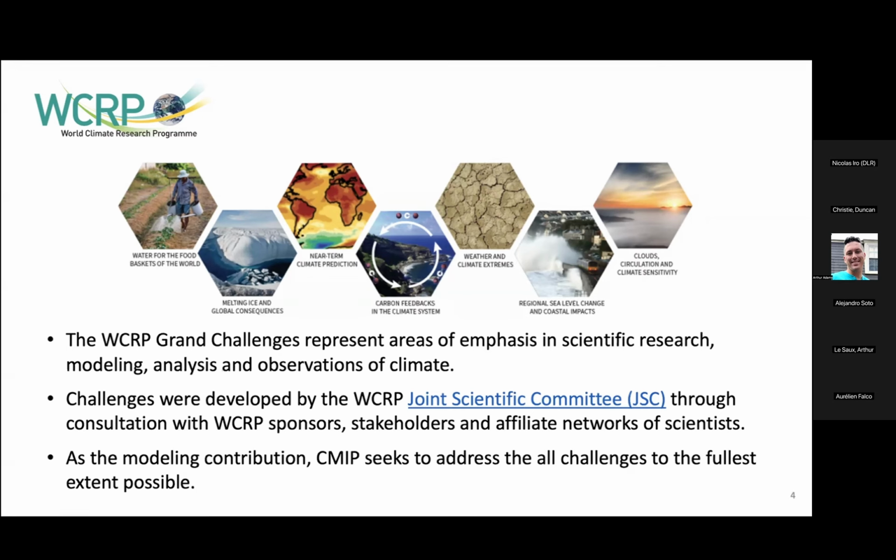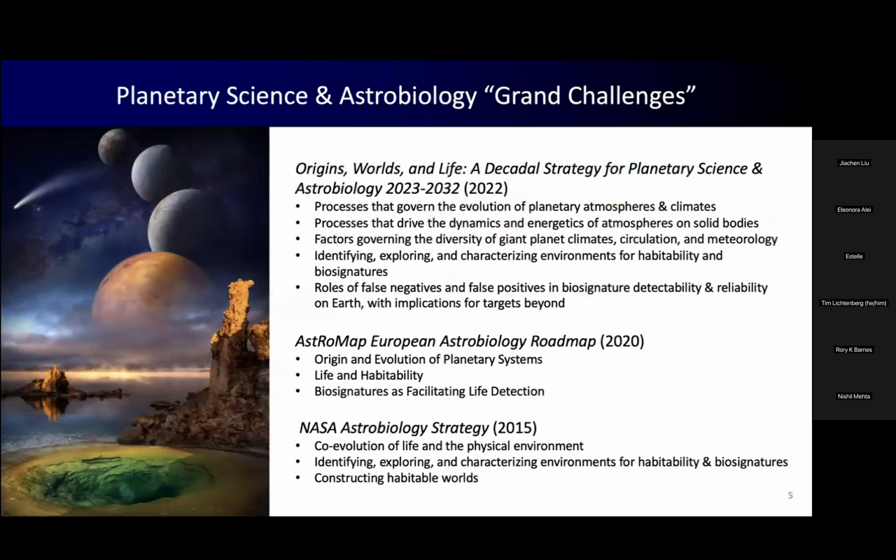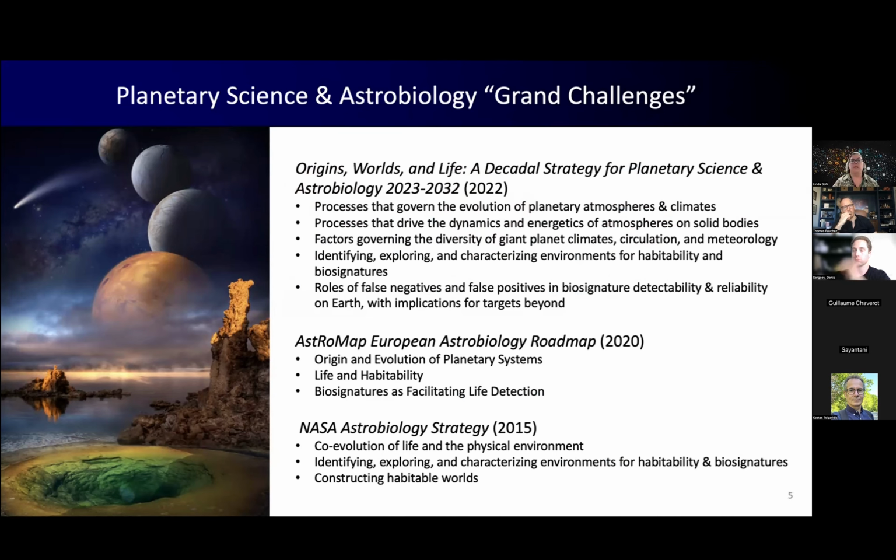Now, we haven't had up until now really a set of formalized conversations in the community, but we do have similar sorts of documents that decide or direct some of the research questions that we explore as a community for some periods of time. All right, so just a couple of years ago, we had the most recent decadal on origins, worlds, and life.